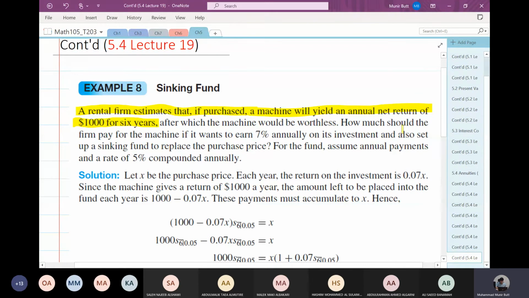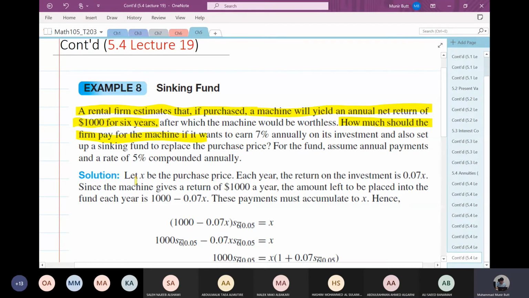How much should the firm pay for a machine if it wants to earn 7% annually on the investment, and also set up a sinking fund to replace the purchase price? So this is the question. How much should the firm pay for a machine?